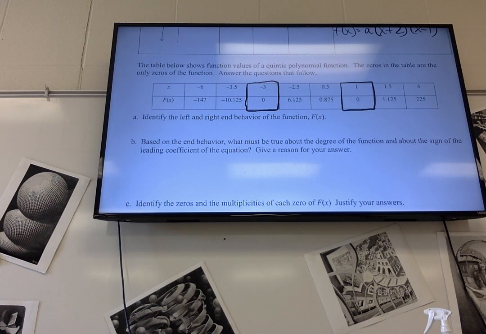A, identify the left and right behavior of f of x. That means as x approaches negative infinity, as it goes to the left, we have to figure out what f of x is doing. And as x approaches positive infinity, going to the right, we have to figure out what f of x is doing.